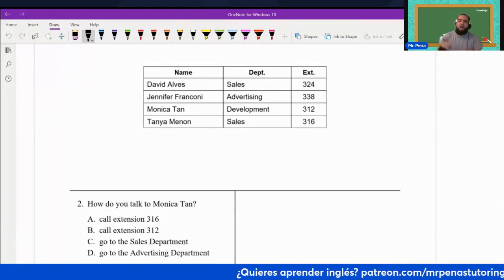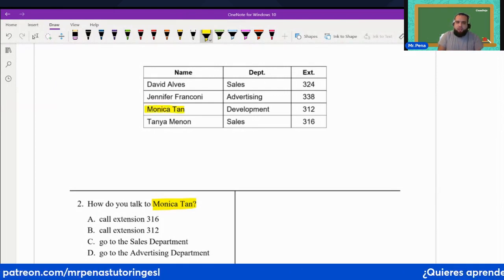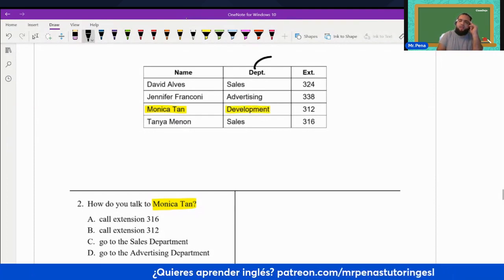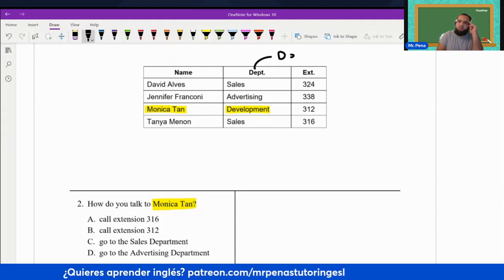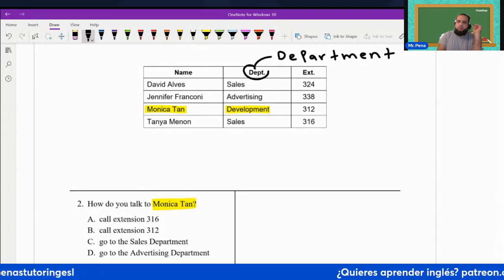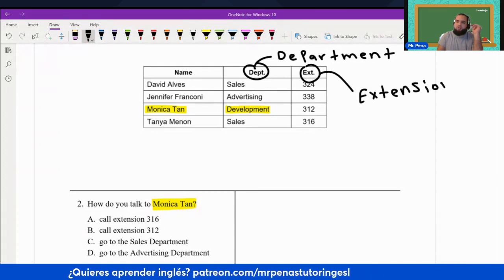Now we're going to go on to number 2. Number 2, how do you talk to Monica Tan? Wow. Okay. So Monica Tan. She's in the development department. DEPT, departamento. We call it department. And that's what that word is. This word here is called an extension.